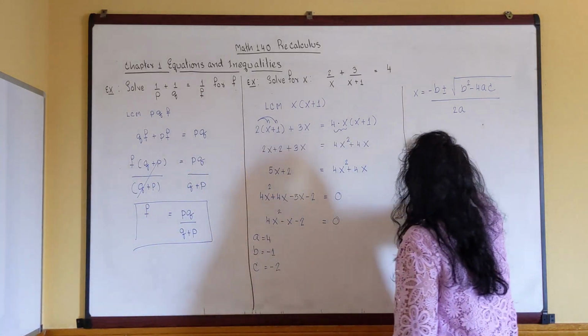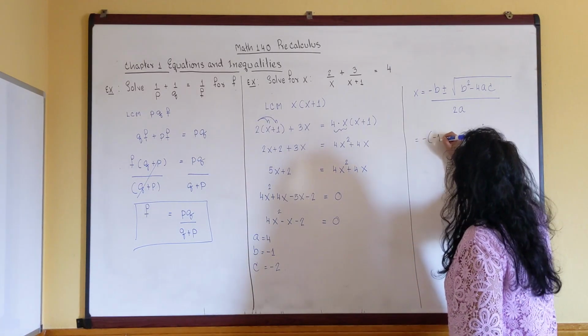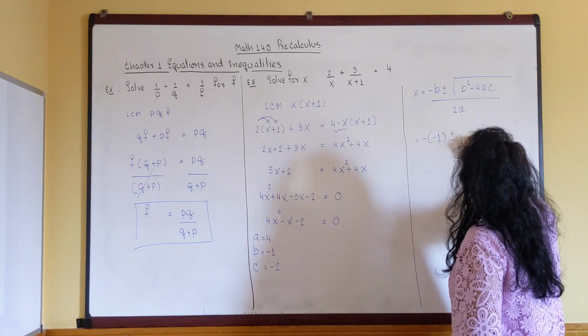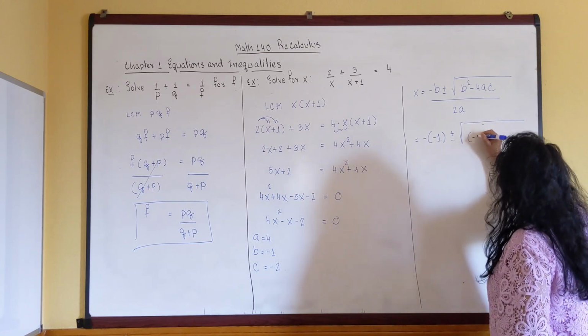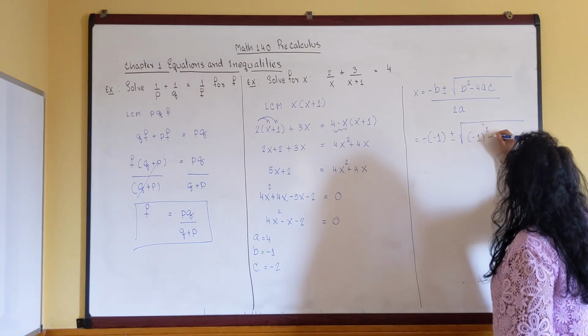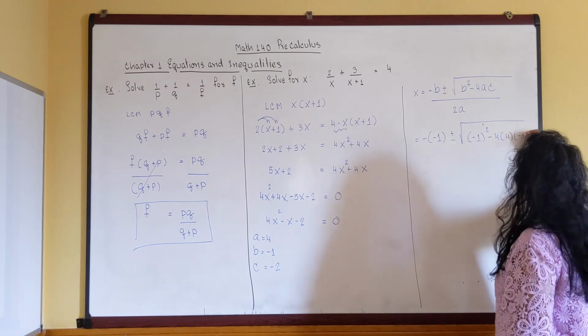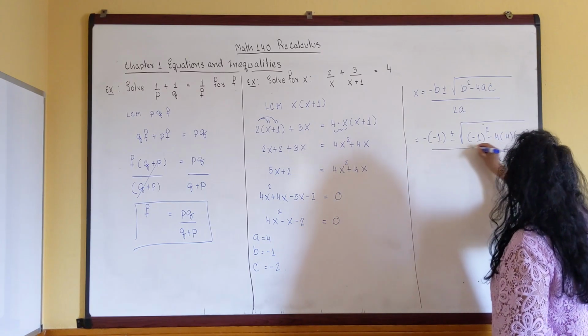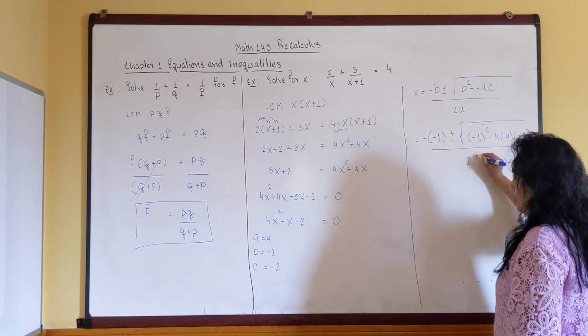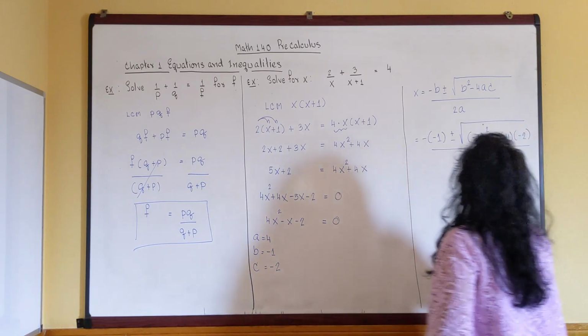So x is going to be negative, negative 1, plus or minus the square root. My b is negative 1, squared, minus 4, a is 4 and c is negative 2, over 2, my a is 4.